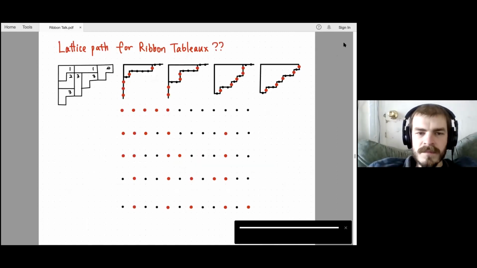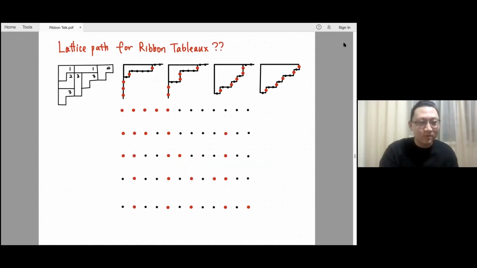Okay. All right. So how are we going to do this for ribbon tableau? It's pretty mysterious when we first look at it, and we try to do the same thing, right? So we take a ribbon tableau as a sequence of partitions. And then we draw a bunch of particles and holes.